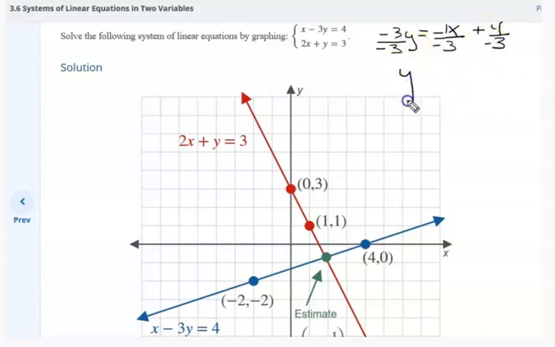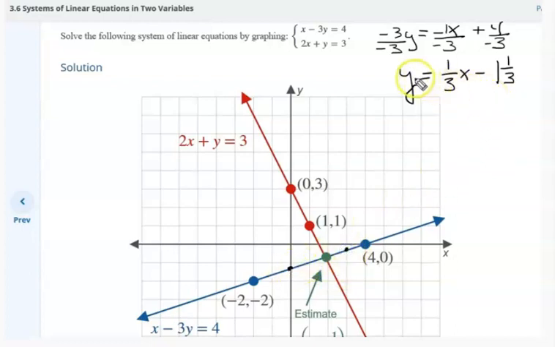So this then becomes a positive y equals a positive 1/3 x, and then this is a negative 1 and 1/3. That again, a negative 1 and 1/3, our y-intercept would be there. And then it would be over 3, 1, 2, 3, up 1.